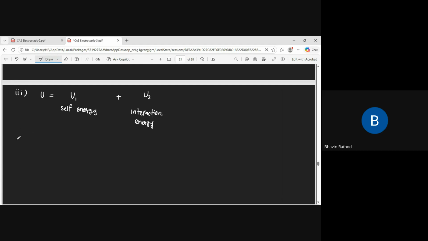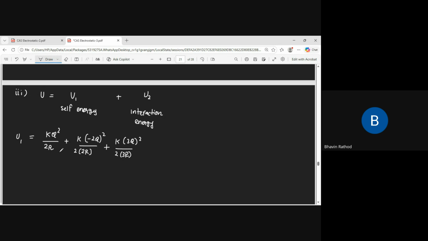First, U1: for the innermost shell, it will be equal to KQ squared by 2R. For the middle shell, it will be equal to K into (minus 2Q) whole squared by 2 into 2R. And for the outermost shell, K into 3Q squared by 2 into 3R.